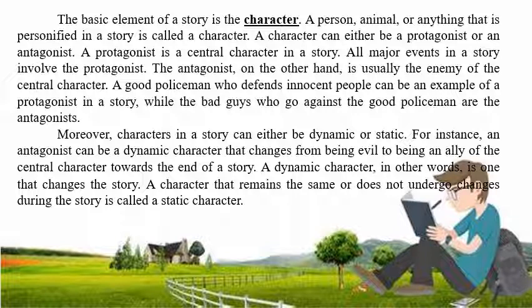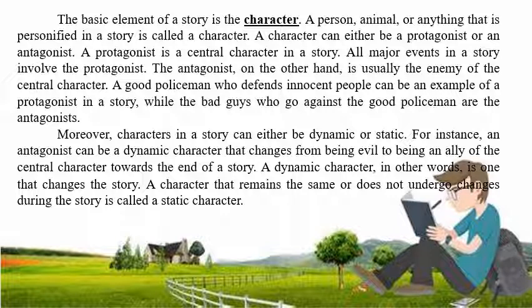The basic element of a story is the character. A person, animal, or thing that is personified in a story is called a character. A character can either be a protagonist or an antagonist. A protagonist is a central character in a story. All major events in a story involve the protagonist.